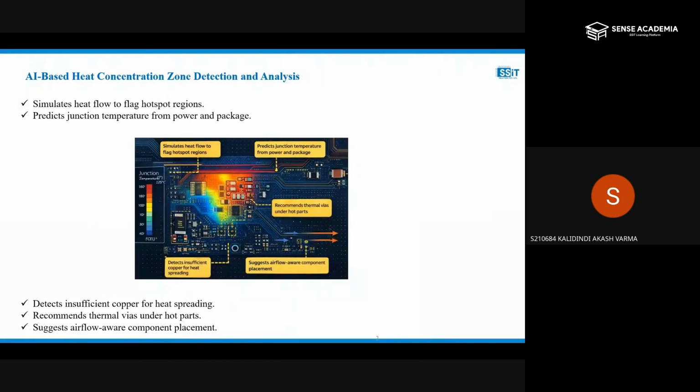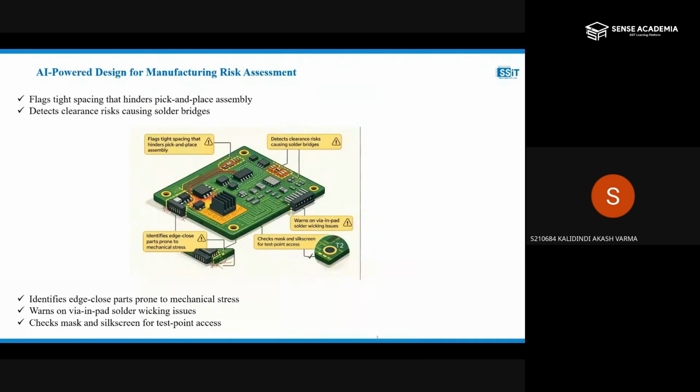So we should either go for copper pouring or else a thermal compensating material. These kinds of recommendations will be given for heat compensation techniques. And which is very important, cost. If components are placed too closely, again it will recommend. If we place a component too far away, it will recommend. If unwanted vias are there, it will recommend.